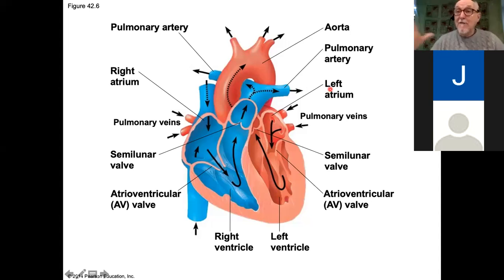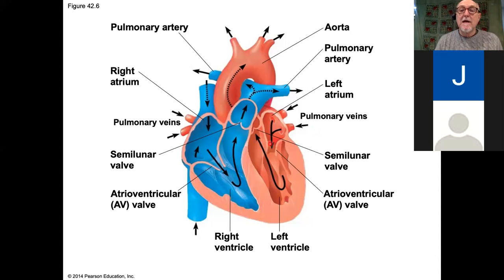The blood returning from the lungs, which is oxygenated, returns through the pulmonary veins. Here they are, there are 2 here, and another 2 here that come around the back, and they feed into the left atrium. Just like the right atrium, it's a thin-walled muscular chamber that drives blood.